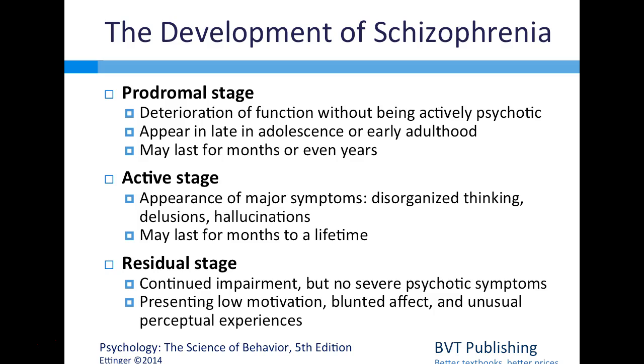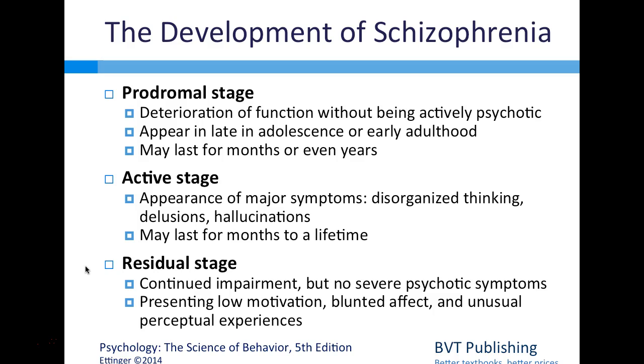Okay, so in the development of schizophrenia, there are different stages here. The first stage is the prodromal stage. This is the deterioration of function without being actively psychotic. This appears in adolescence or early adulthood and may last for months or even years.